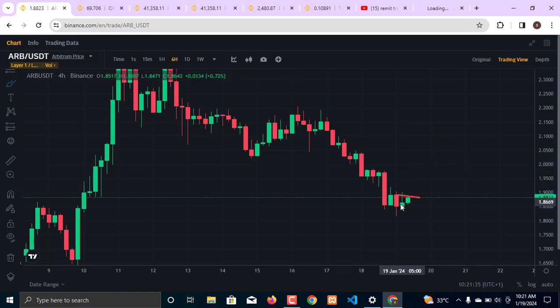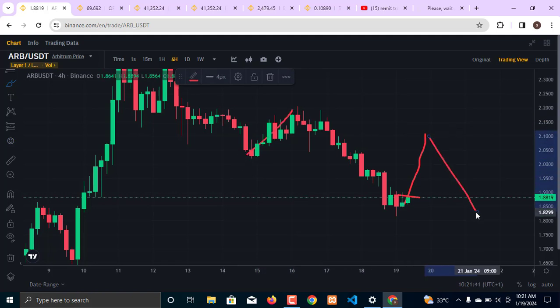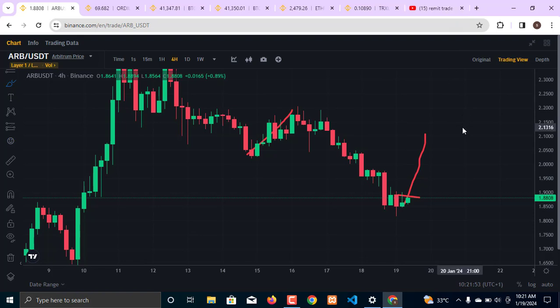After this movement, just like we see right here, the market is still going to come back to the downside. That is what you must pay attention to. Right now we are out of this position. We will wait for the market to move a little bit upward, then at the end of retracement, and you must know how to figure out the end of retracement on your chart.